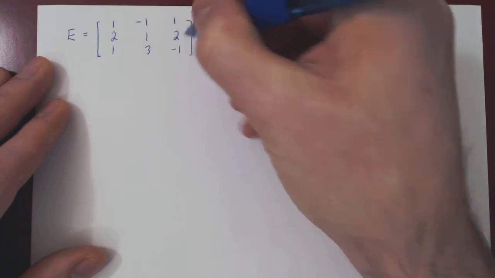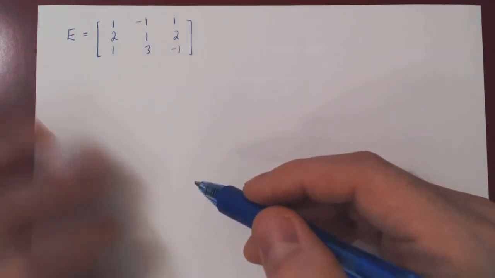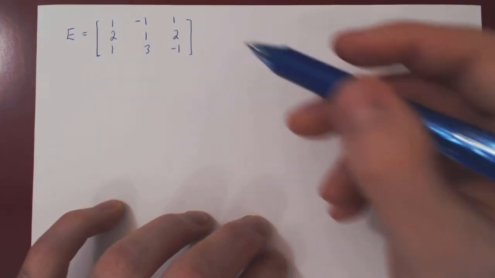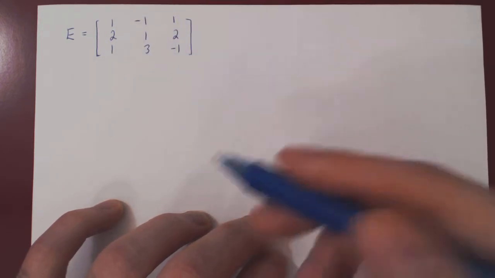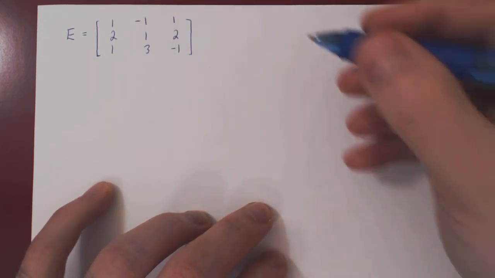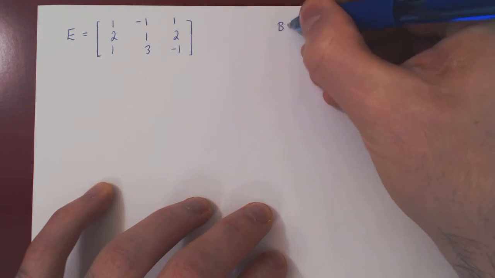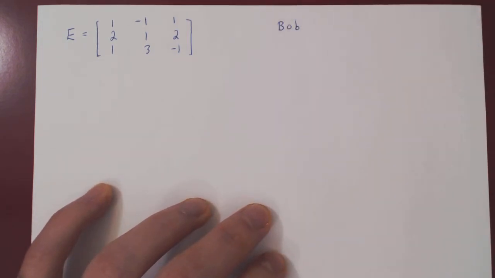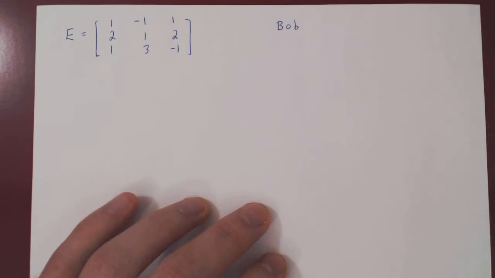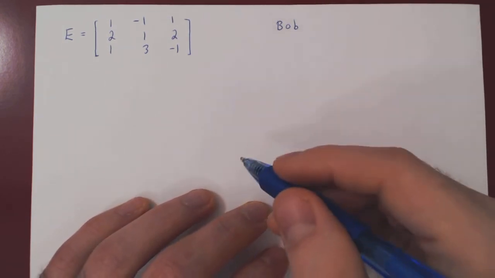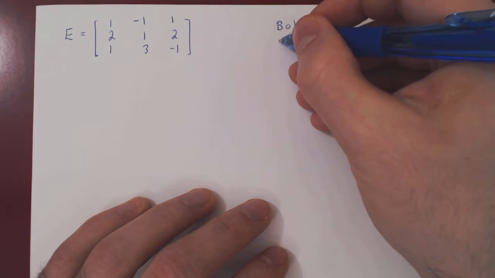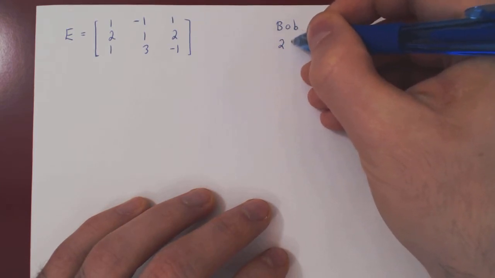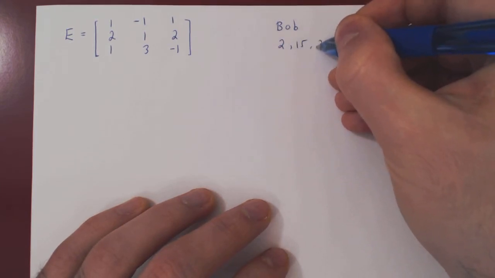Now you can verify this matrix is invertible. And let's see how we would proceed to use this matrix to encode our two messages, Bob and Bob is great. So we had Bob. Let me just look back to the translation from the message to the numerical message. So Bob was just 2, 15, 2.